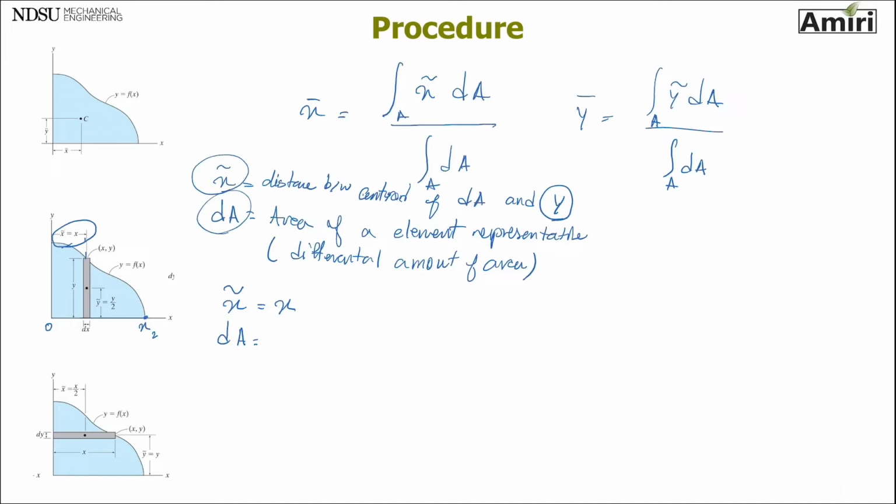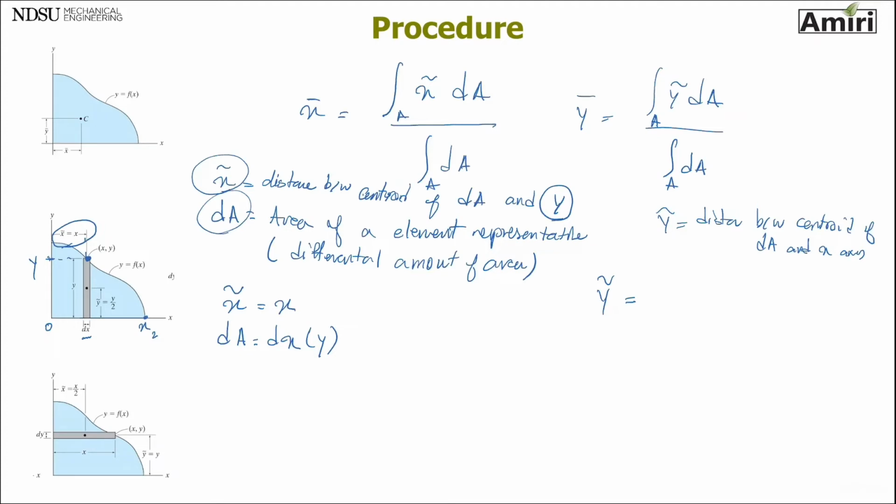dA, so this area that I drew, or differential amount of area, it's a differential amount of width, it's dx, and the length of y. At any given time, it is on this curve which has the y value. So dx multiplied by y. And let's see, for y bar, I need y tilde, which is the distance between centroid of differential amount of area and x-axis.